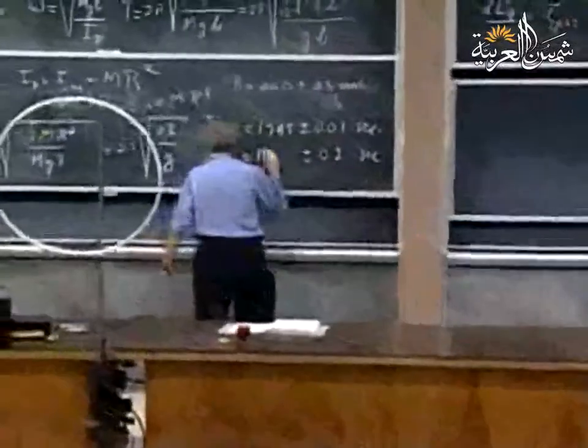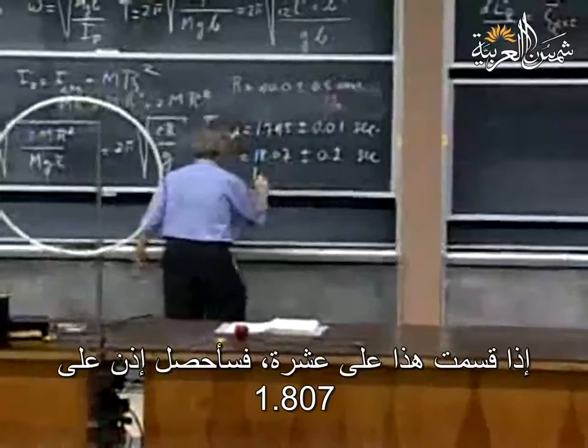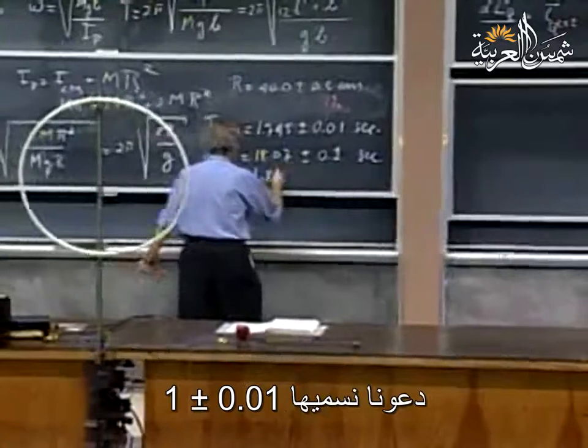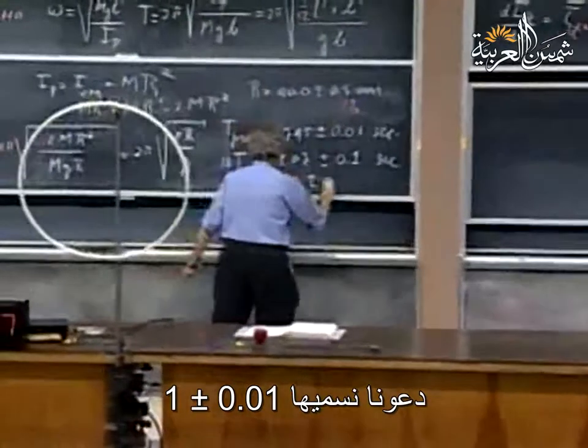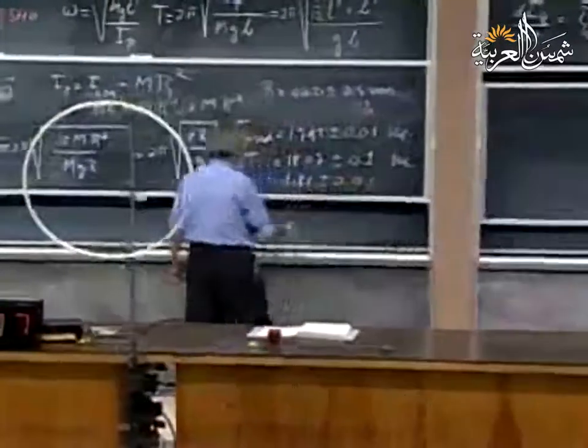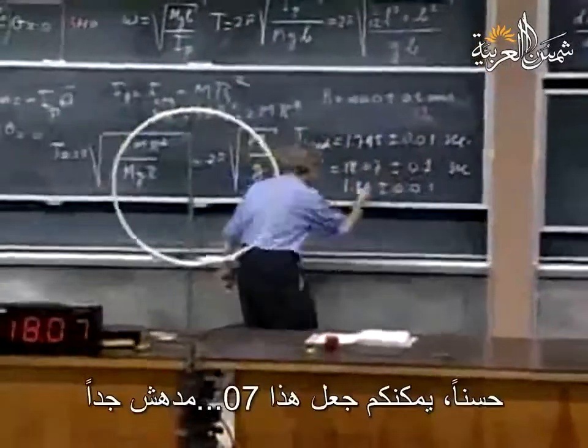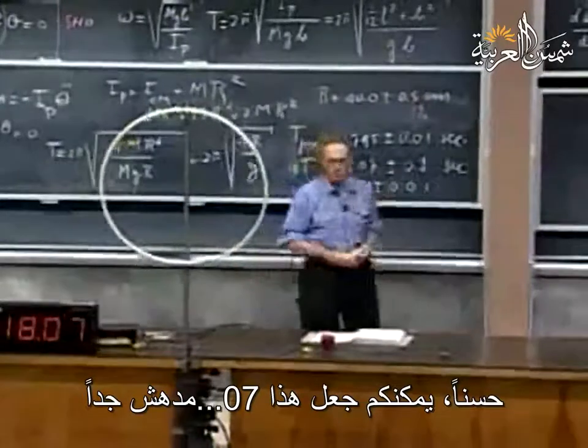If I divide that by 10, then I get 1.807. Let's call it 1.8 plus or minus 0.01. And if you take this error into account and this, well, you can make this a 0.7, pretty impressive.